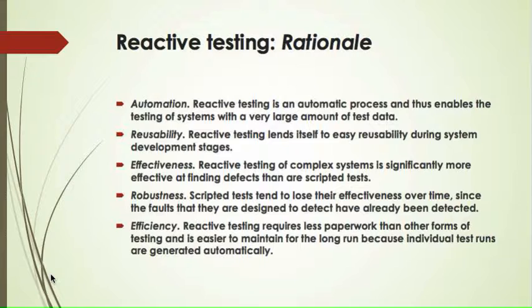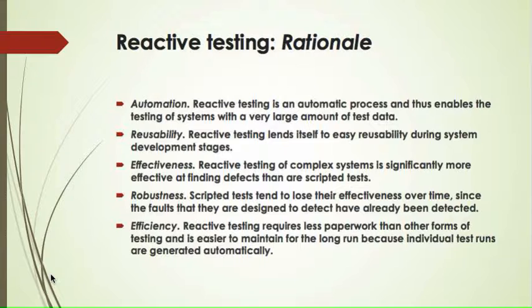The rationale for the reactive testing would be the automation, the reusability, effectiveness, robustness, and efficiency. These play an important role while testing your product. For example, the reusability means how we're going to reuse our system in different stages.